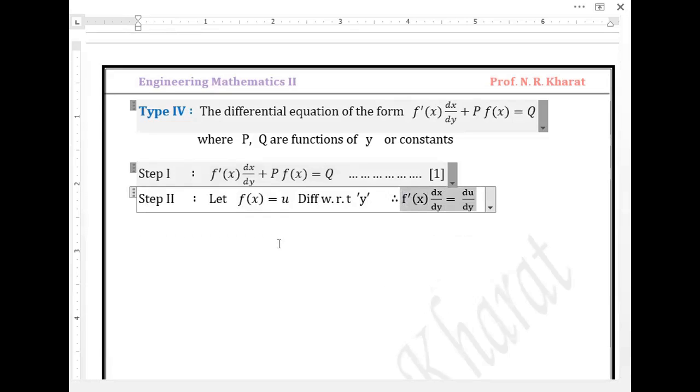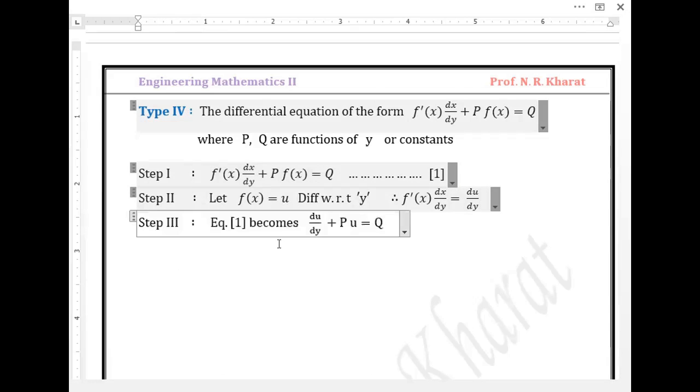Then we get the derivative of f of x with respect to y is f dash of x, and the derivative of x, dx upon dy, is equal to du by dy. Replacing the value of f of x and f dash of x into dx upon dy, we get the linear differential equation in u.